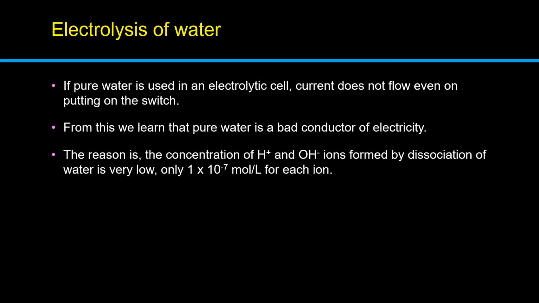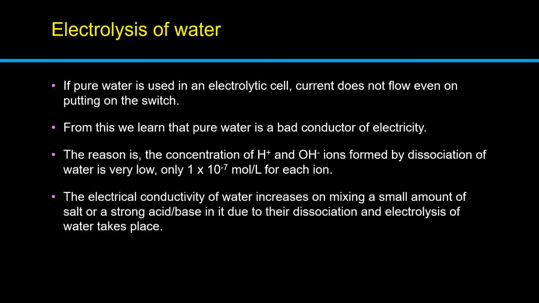That is only about 1 x 10^-7 moles per liter for each ion. So, it is not sufficient to conduct electricity. The electrical conductivity can be increased by mixing a small amount of salt or a strong acid or a strong base in it. So, dissociation will happen and electrolysis is possible.